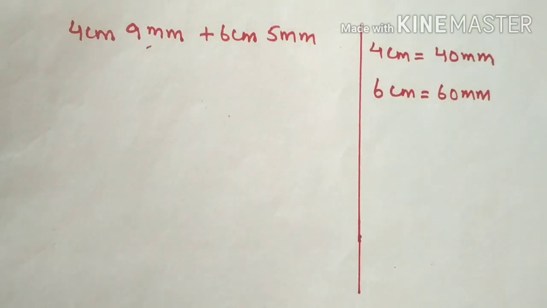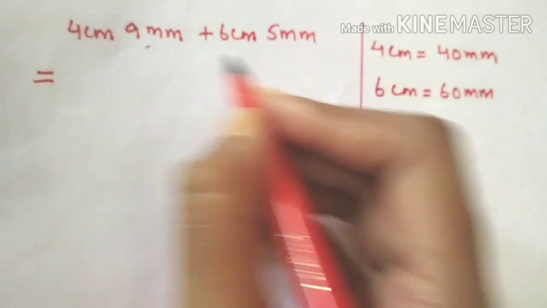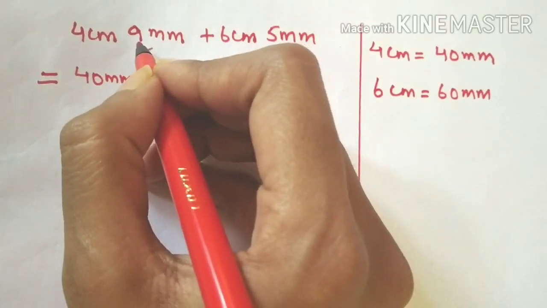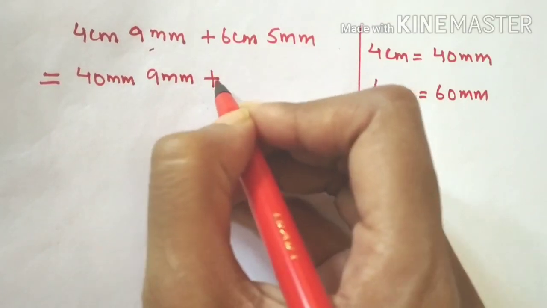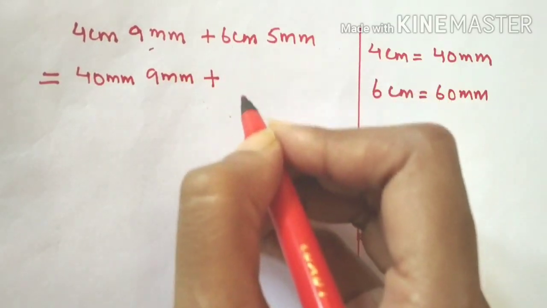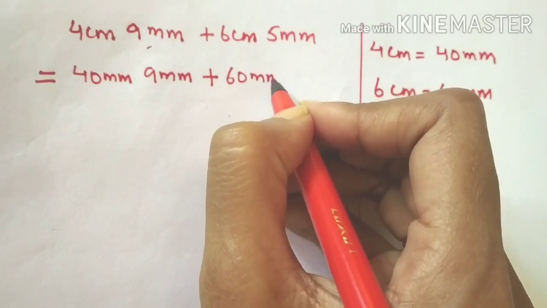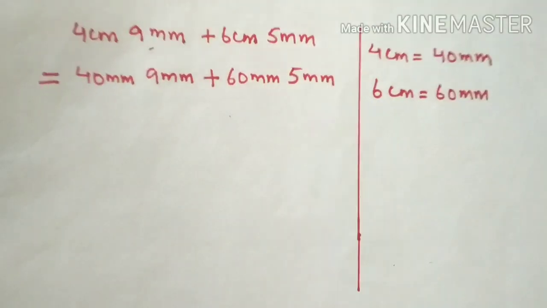So in the next step, in place of 4 centimeters, we can write 40 millimeters, and 9 millimeters will remain the same, and in place of 6 centimeters, we can write 60 millimeters, and 5 millimeters will remain the same.